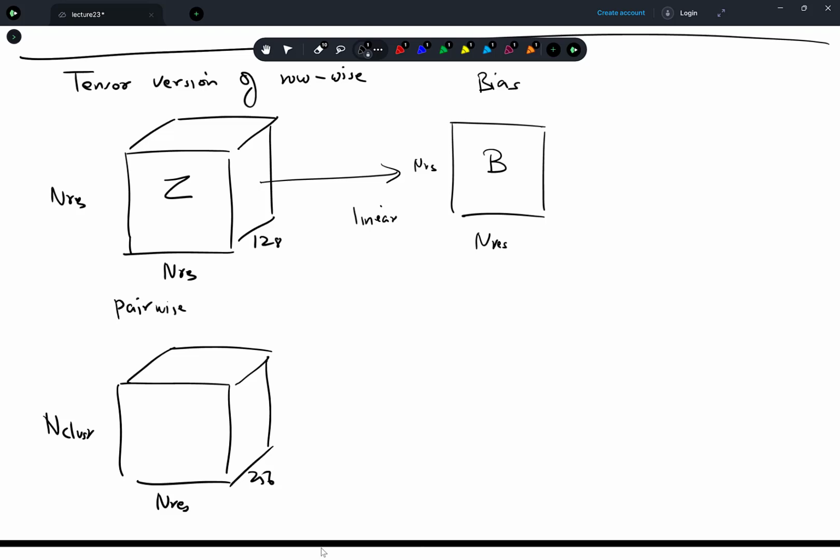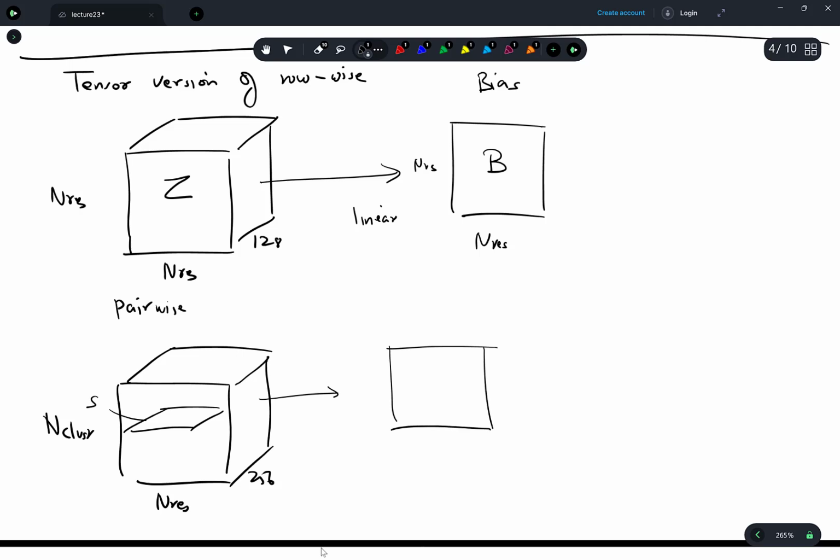So pick an S. For each S, I'm just going to call this MS. So there's the M matrix, which is now nres by 256.